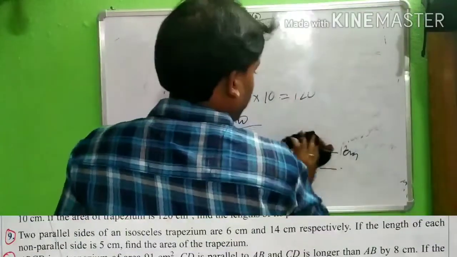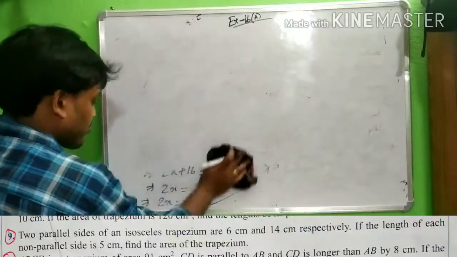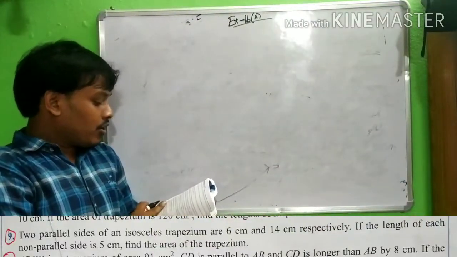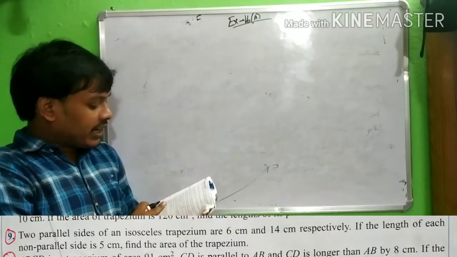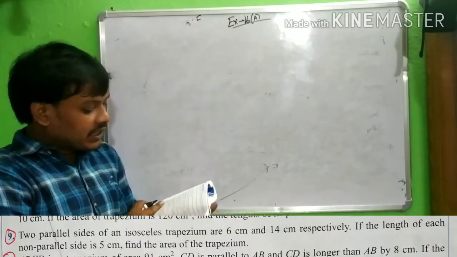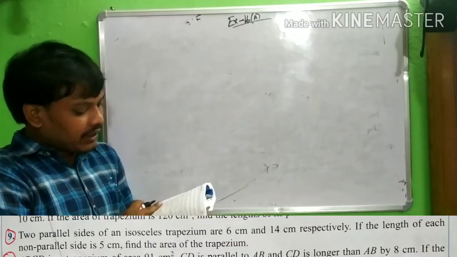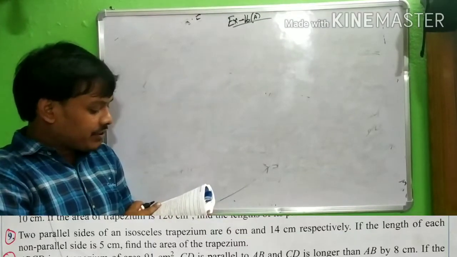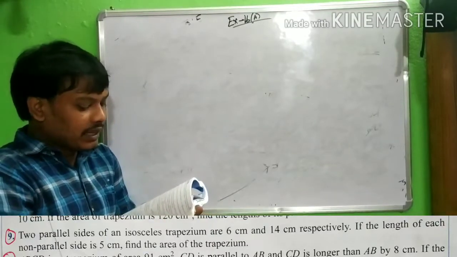Question number 9: the two parallel sides of an isosceles trapezium are 6 meter and 14 centimeter. The length of each non-parallel side is 5. Find the area of the trapezium.